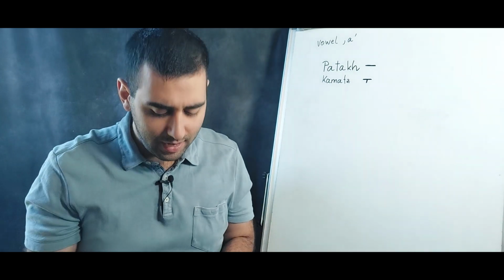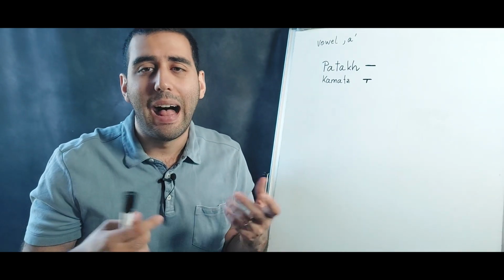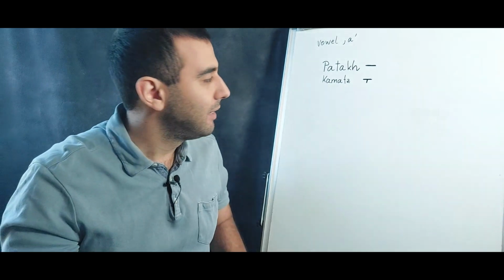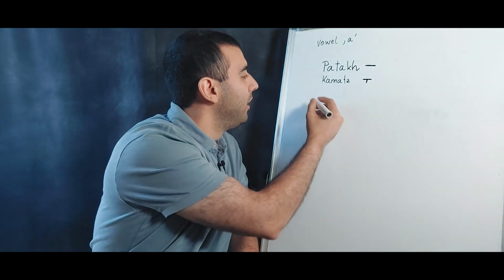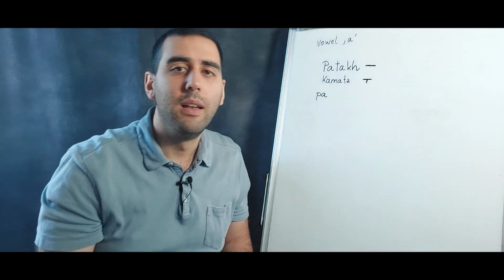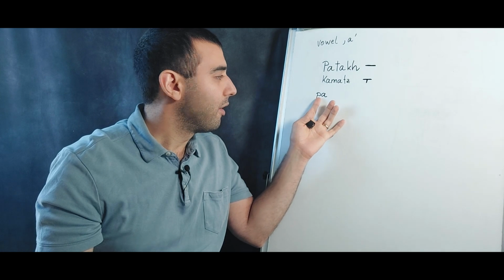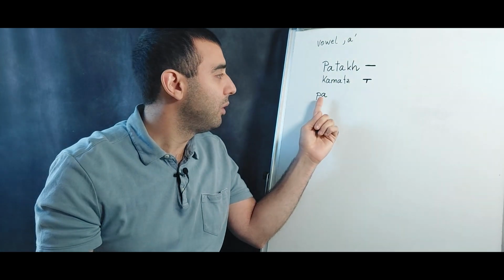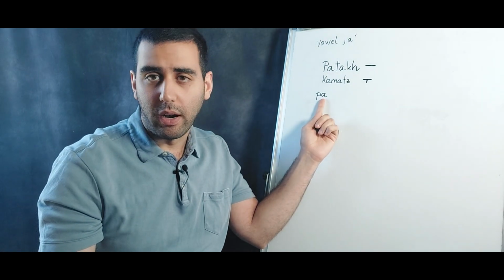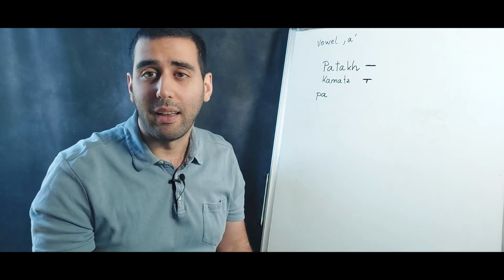Now, in Hebrew, we don't write the vowel beside the consonant. I'll give you an example. Let's take, for example, the word pa. So first we write in English the consonant and then we write the vowel, right? But in Hebrew, we don't do it like that.